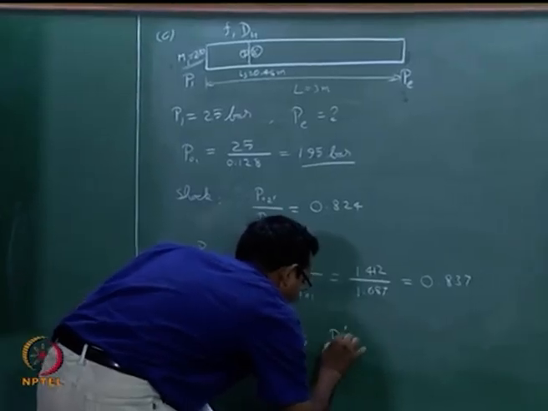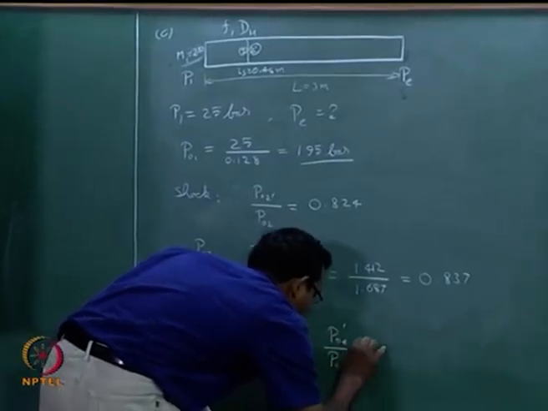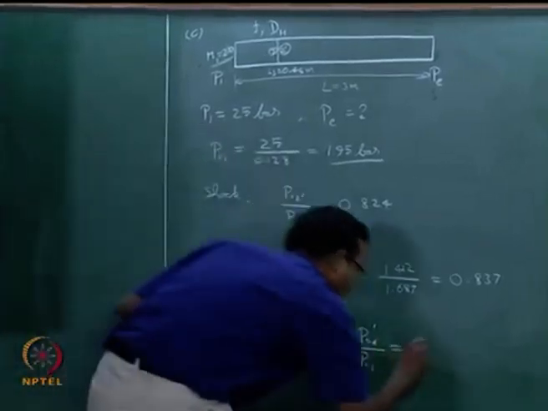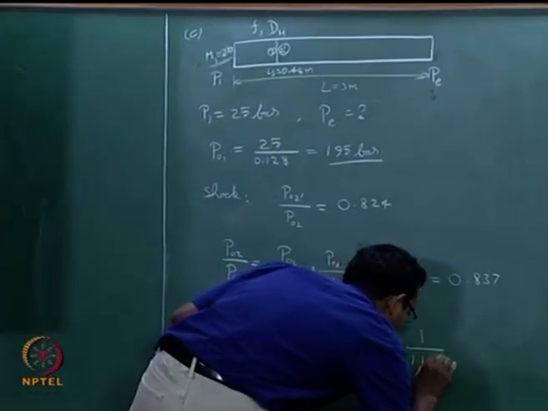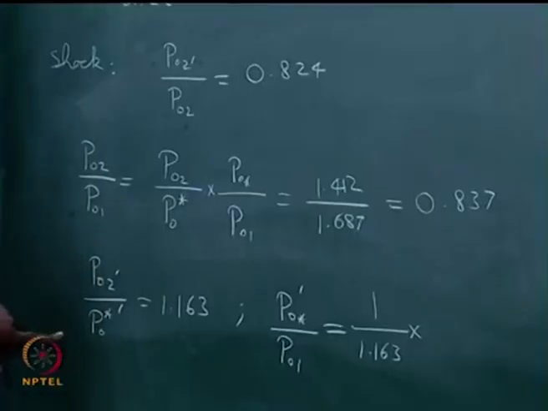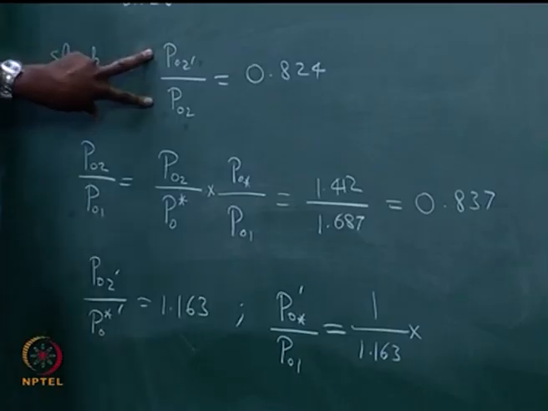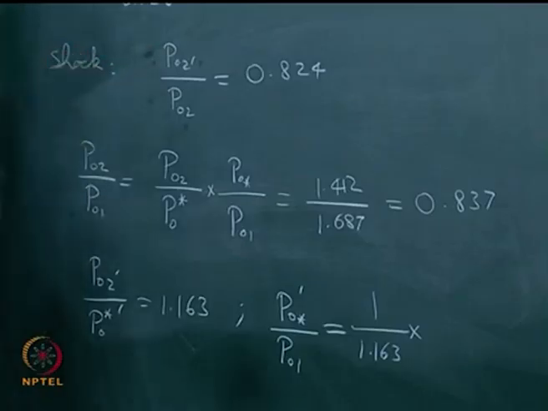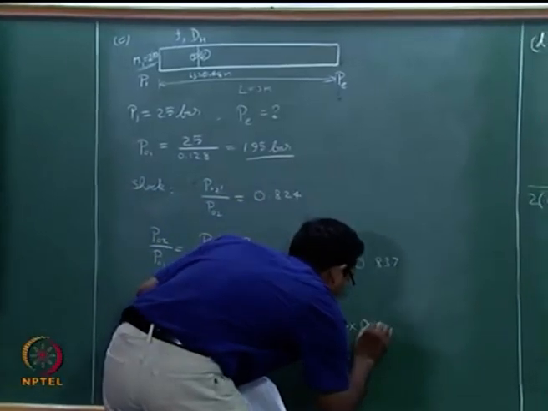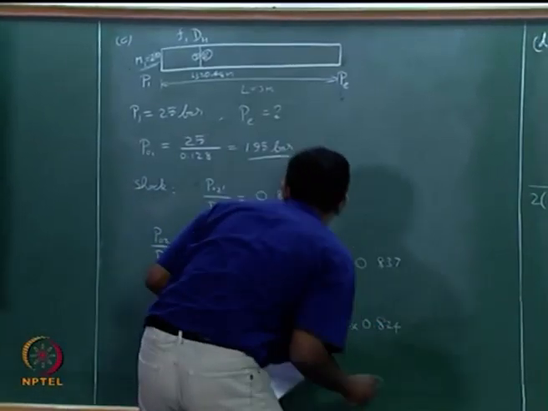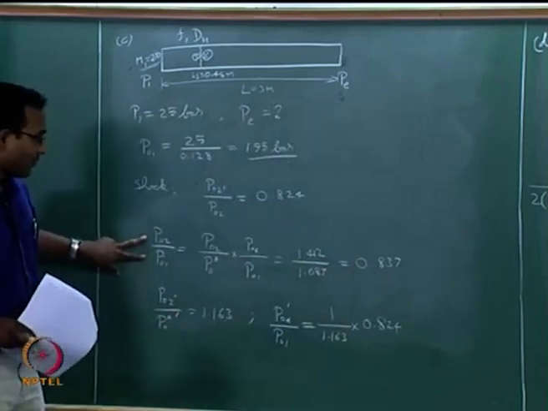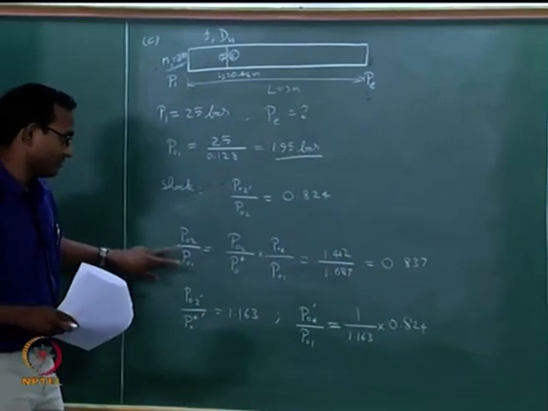I will just do that right here, P0 star prime by P01. Of course, I will take the reciprocal of this, 1 by 1.163. So now I have P02 prime at the denominator. I multiply it with this, and I will get P02 at the denominator. It comes out to be 0.824, and I will take this number, then I will have P01 at the denominator, which is what I want.